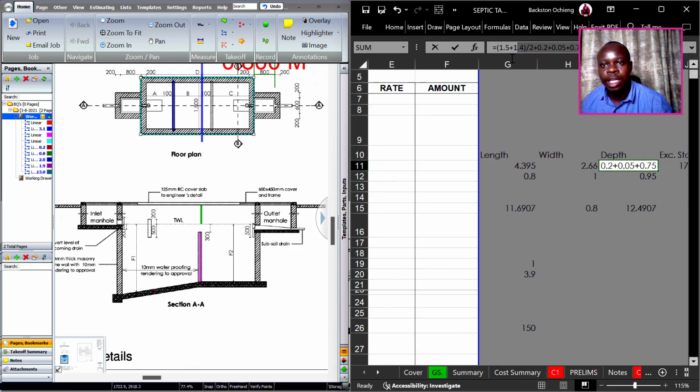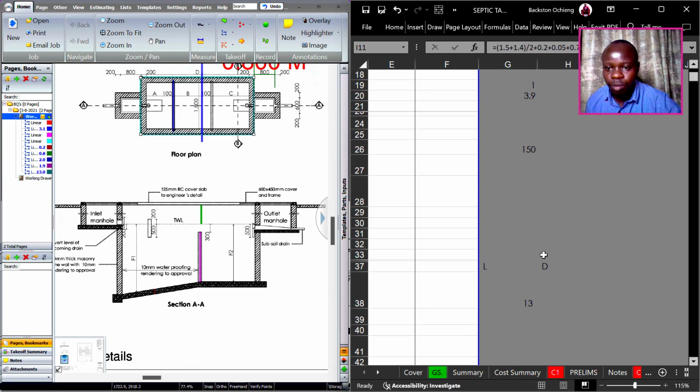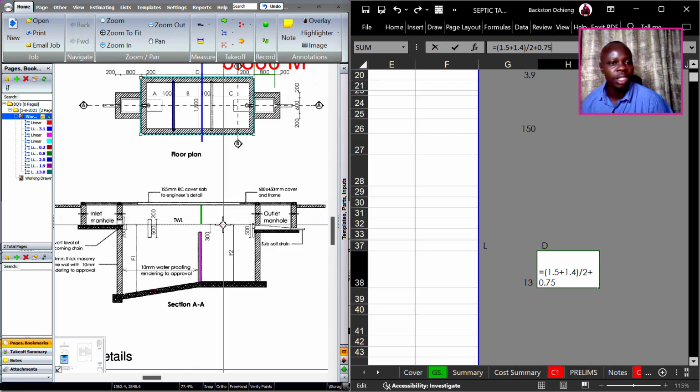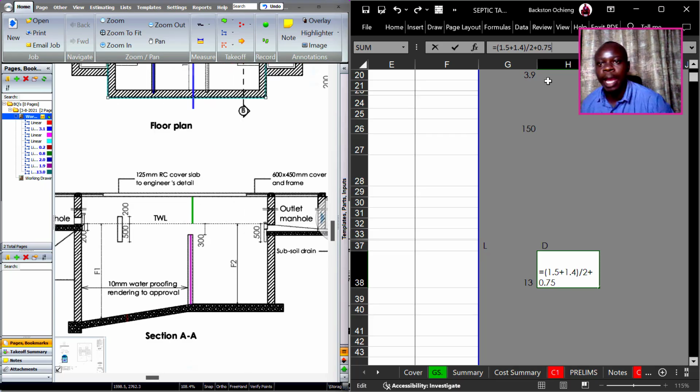Okay, so we can as well just copy our working there and then bring it down here. Okay, and then we do away with the 0.2, which was for the base slab, and 0.05 as well, that was for blinding. So we have the average of F1 and F2, and then we add the 0.75, which was the dimension above the TWL line.